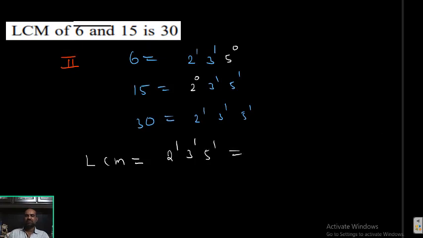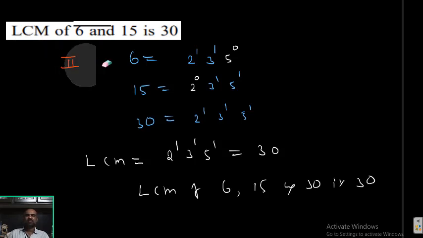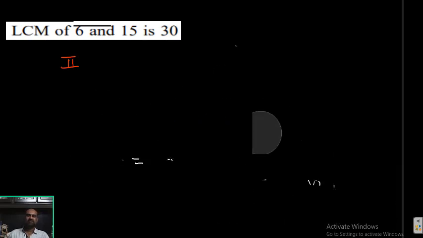That is equal to 15 2s are 30. So the LCM of 6, 15 and 30 is 30. Now I want to use the second method, that is the division method.